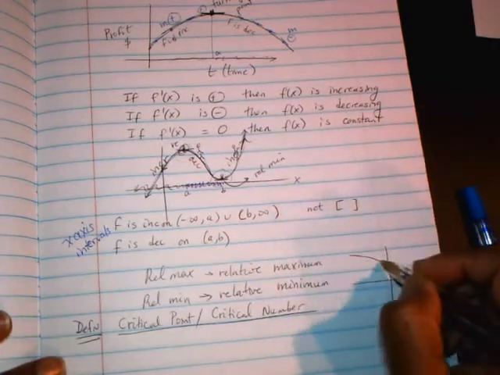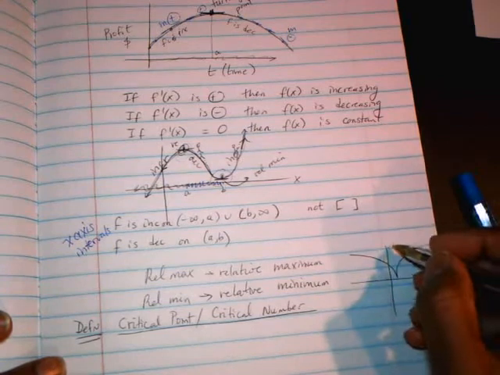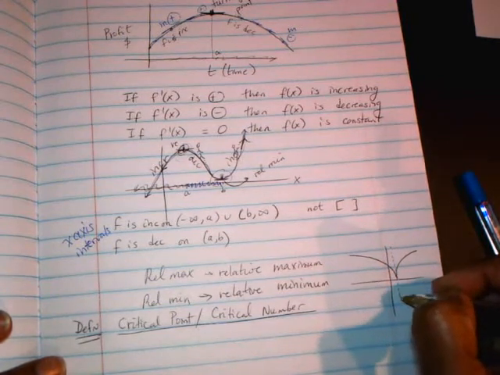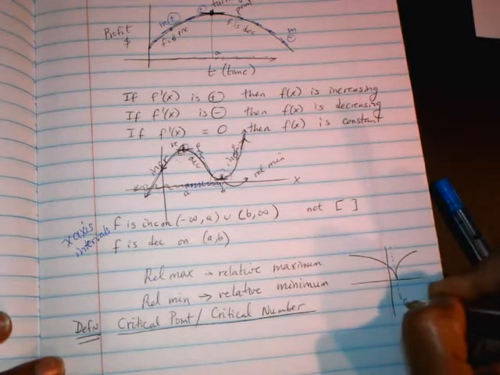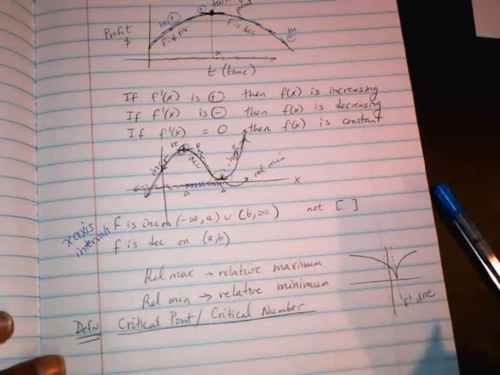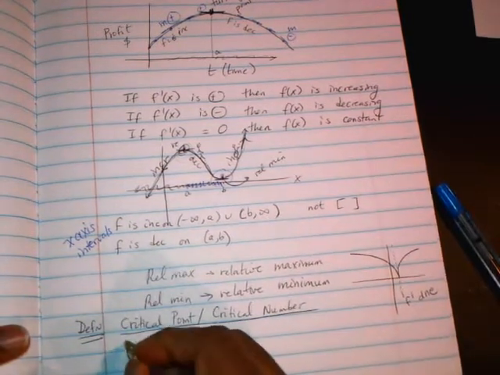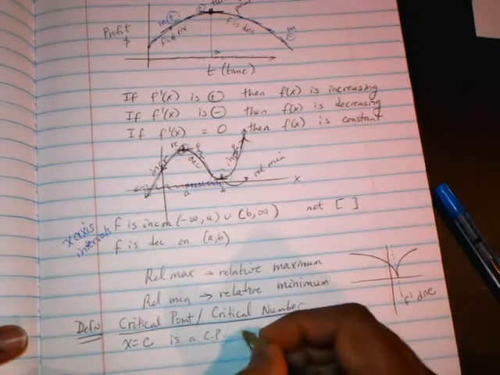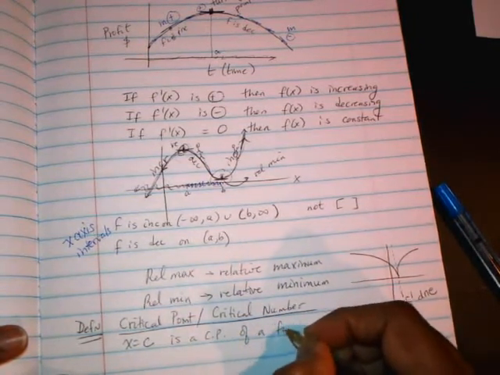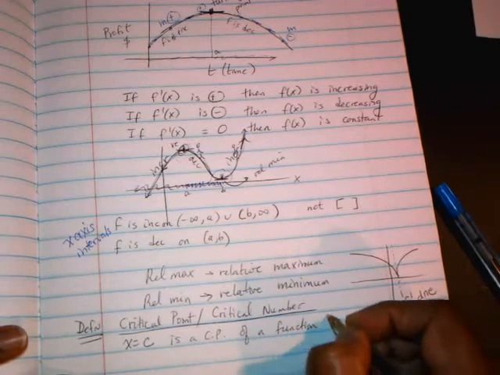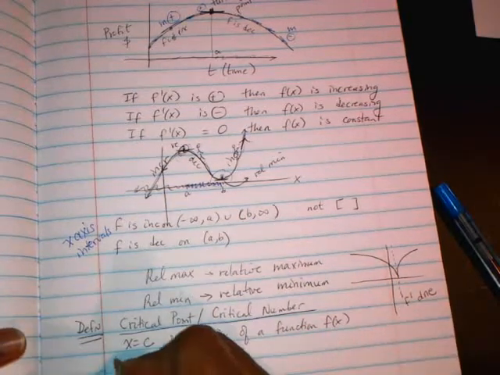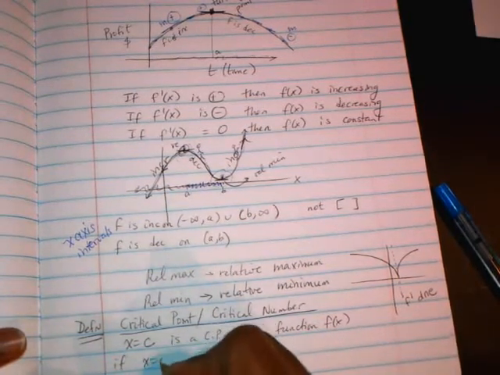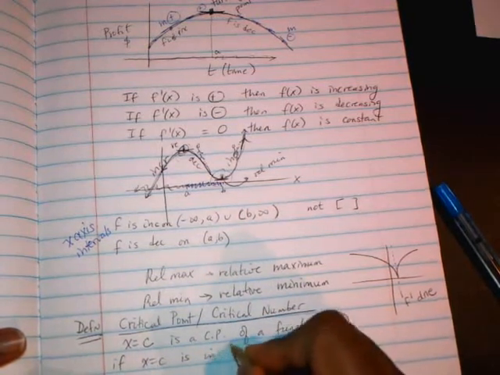If you have a graph that looks like this, right here, this point is a vertical tangent line, and there f prime does not exist. So x equals c is a critical point of a function f of x if x equals c is in the domain.